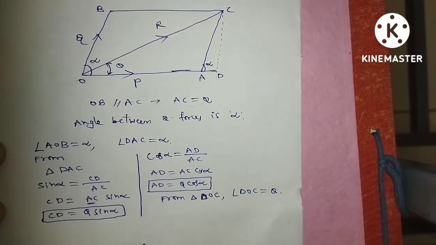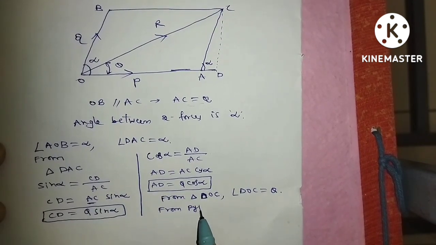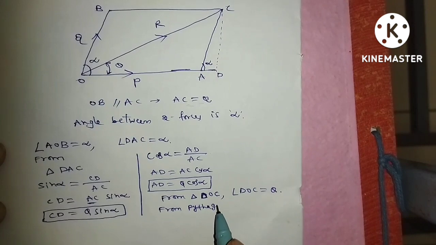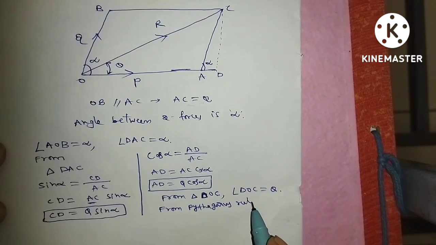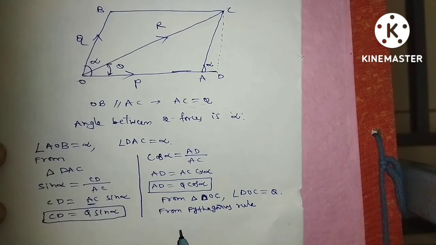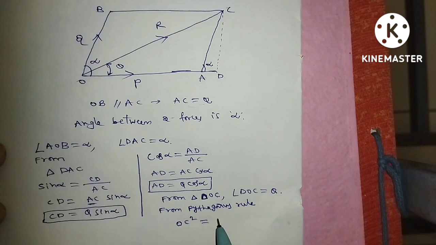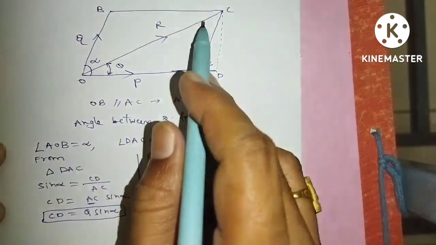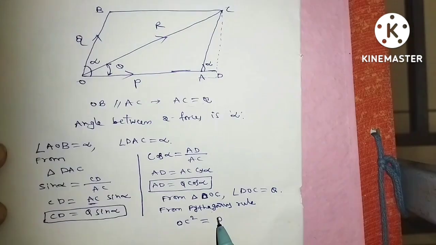So from this triangle DOC, as per the Pythagoras rule, OC square is equal to OD square plus CD square.